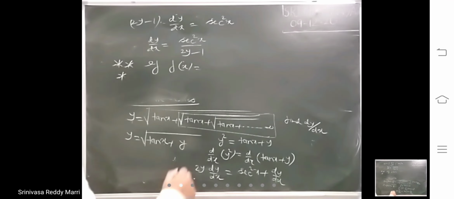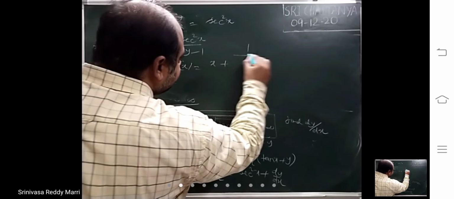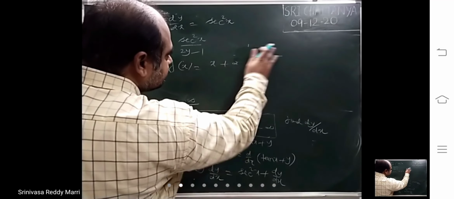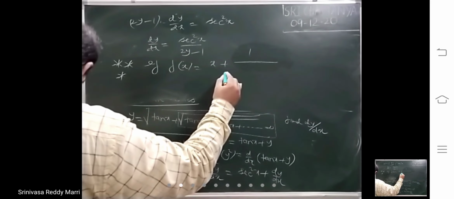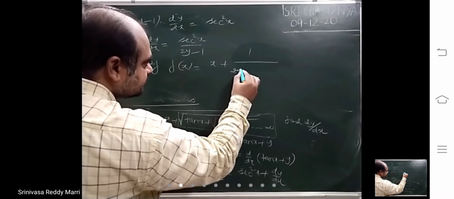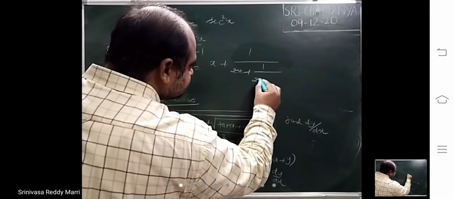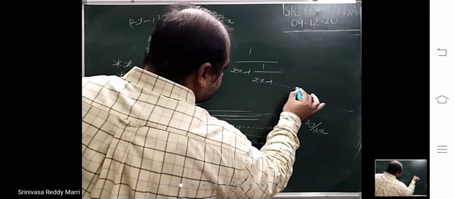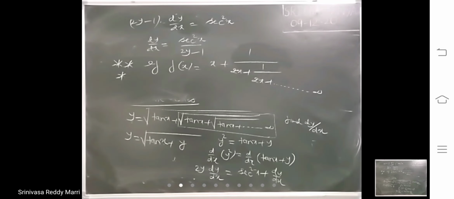If f of x equals x plus 1 divided by 2x plus 1 divided by 2x plus 1 by 2x plus, and so on, it continues to infinity. f of x is given like this.